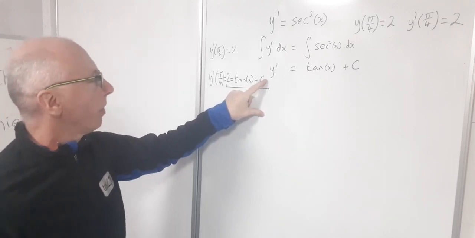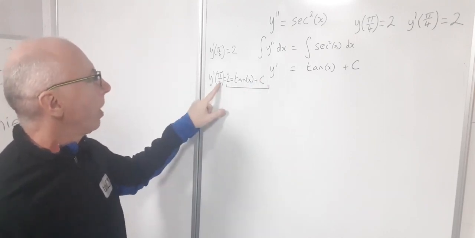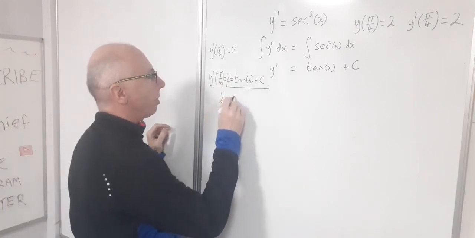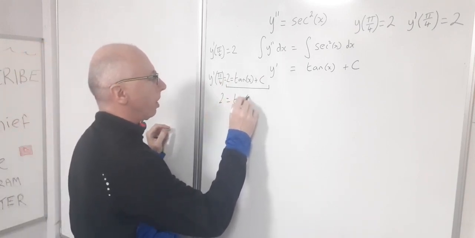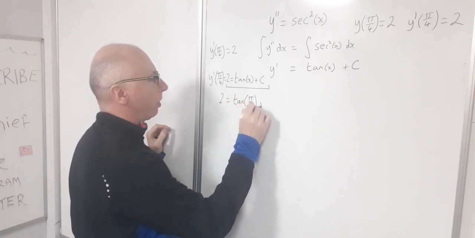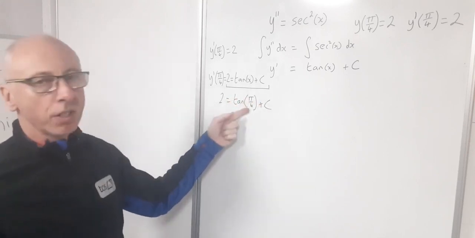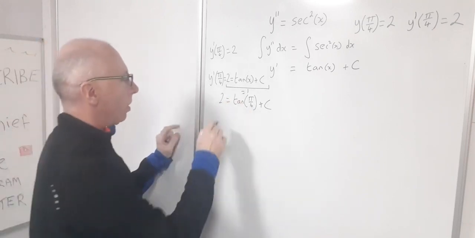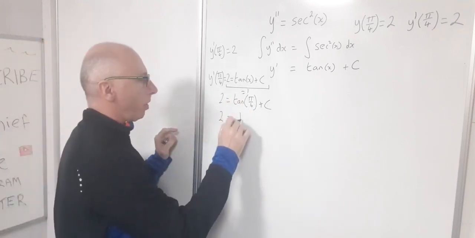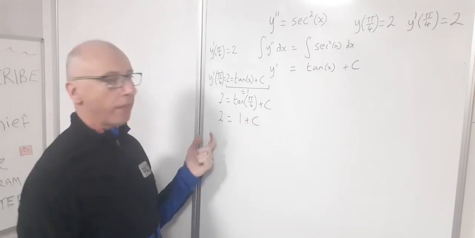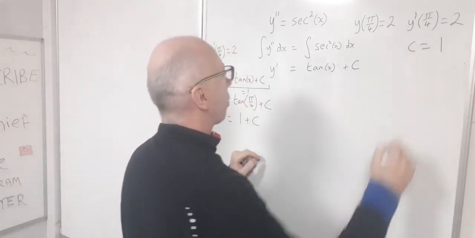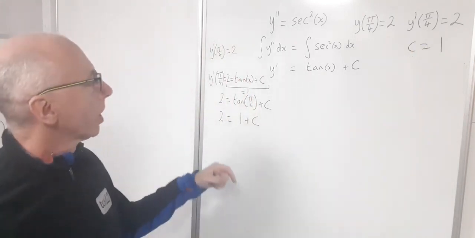That's our goal. We want to find this c. So pi over 4, that's our x. Now I can rewrite this as 2 equals tangent of pi over 4 plus c. Well, tangent of pi over 4, we know that just equals 1. So now I've got 2 equals 1 plus c. So therefore my c equals 1. So straight away I can progress to that stage.